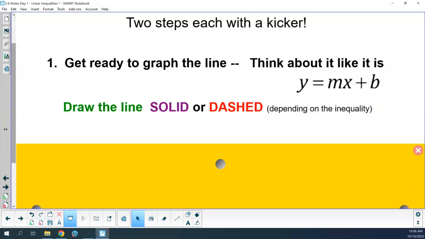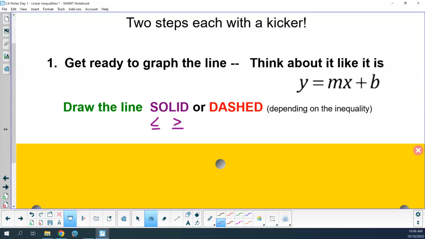So the line that you draw is going to either be dashed or solid. Okay? So it's going to be solid if we are dealing with the less than or equal to or greater than or equal to ones.